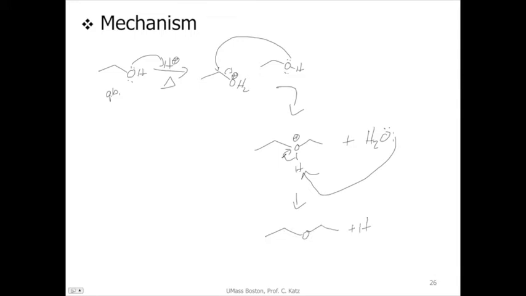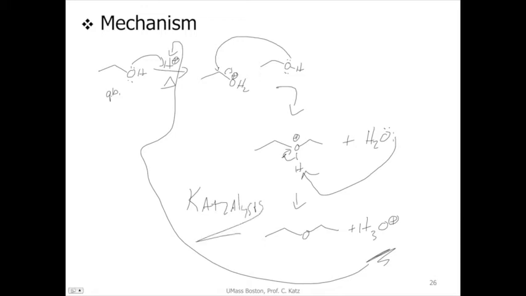Now no more water, but H3O plus, which is convenient because H3O plus is our catalyst for this. So we get some of that back, which then fulfills the role of the catalyst.